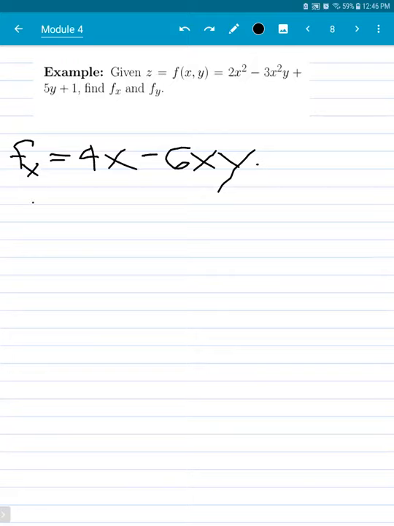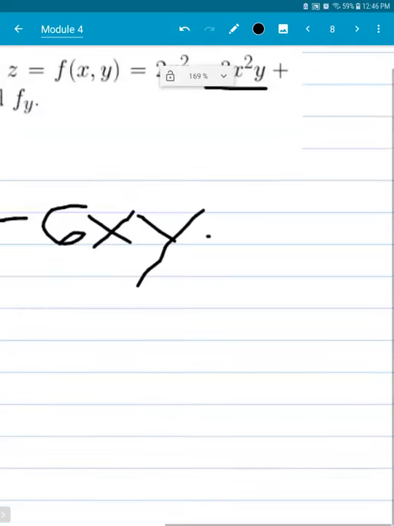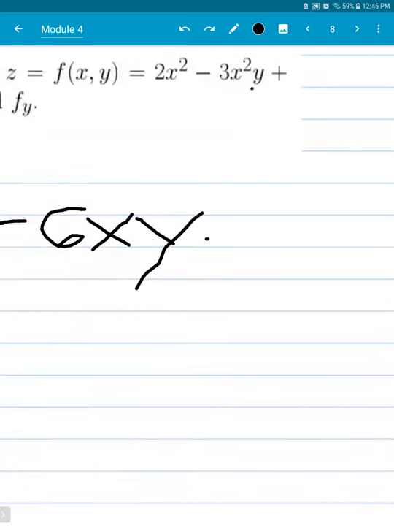The partial with respect to y, we derive by treating x as constant. So differentiating 2x squared, its derivative with respect to y is 0 because it contains no y. x is a constant, so a 0 derivative for that. Second term, we differentiate with respect to y. The derivative of y with respect to y is equal to 1 times the constant 3x squared.